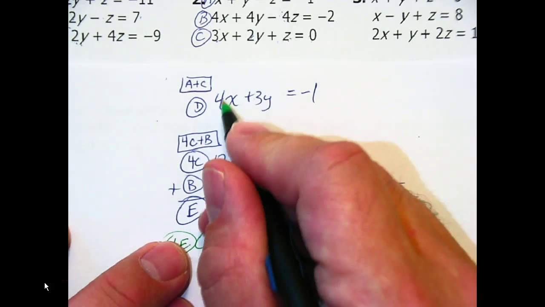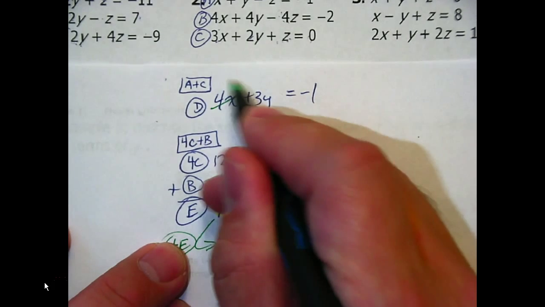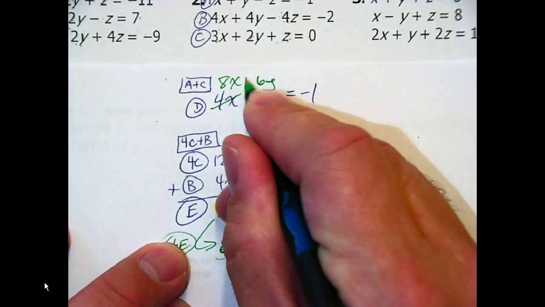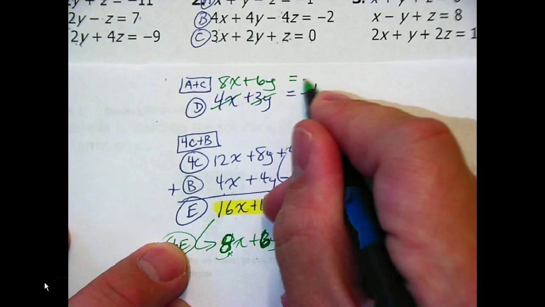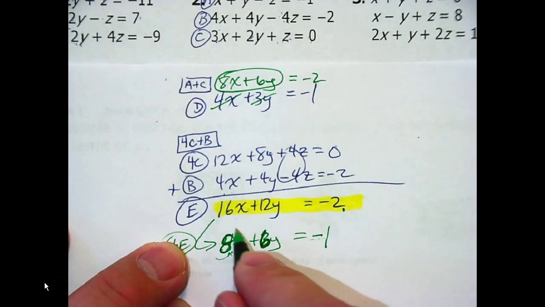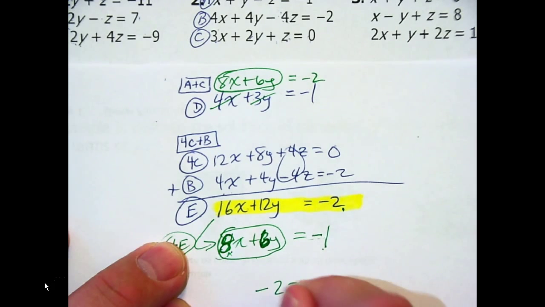If I doubled this, I'd have 8x and 6y and negative 2. So I'm now saying 8x plus 6y equals negative 2. And I'm saying 8x plus 6y equals negative 1. Is that possible? Negative 2 cannot equal negative 1. That's a no solution.